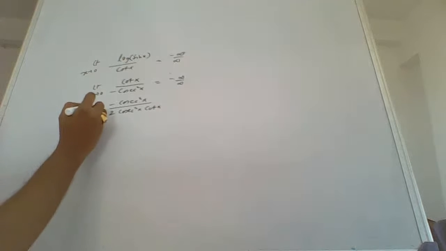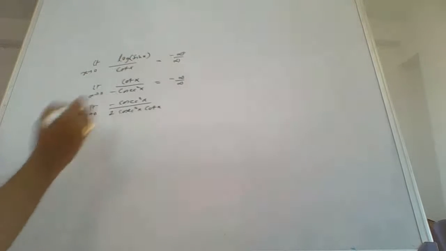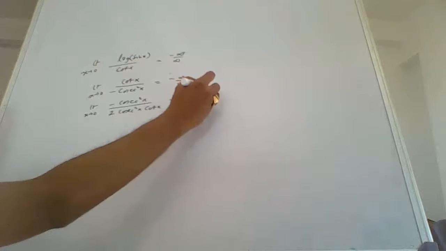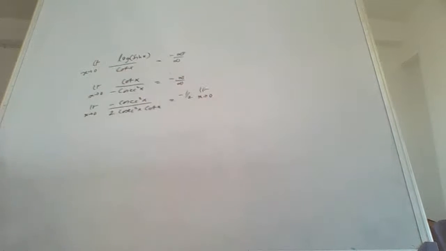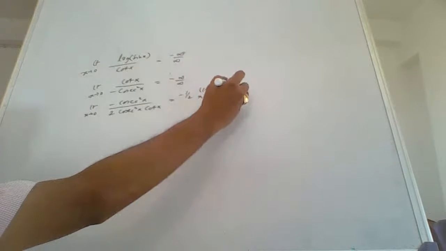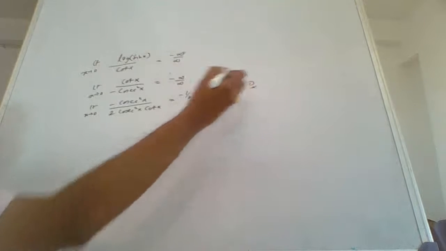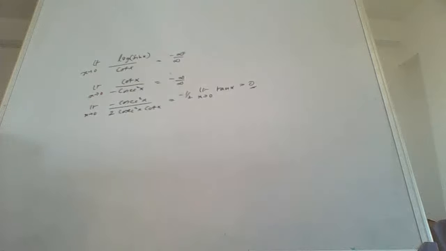So in this limit as x tends to 0, these two get cancelled. So I'll have only minus half, and limit as x tends to 0 of 1 by cot, which is tan. Now when I put x equal to 0, this becomes 0. So this is the result. Fantastic. So I hope you understood how to solve these problems.